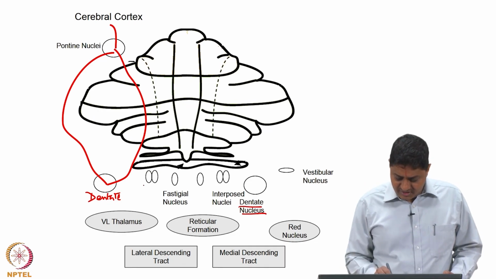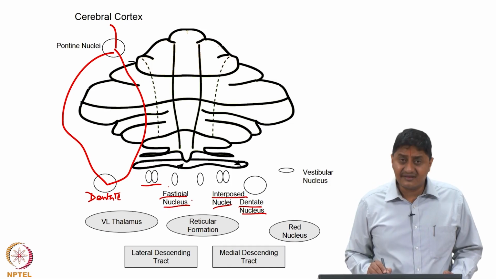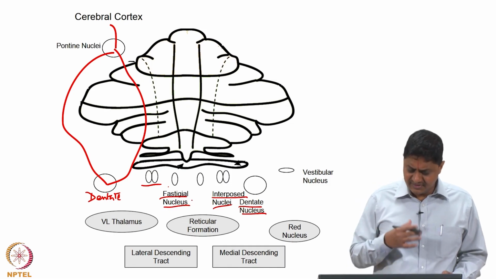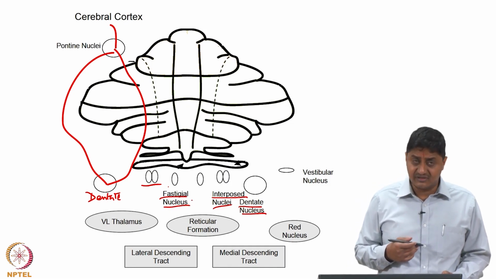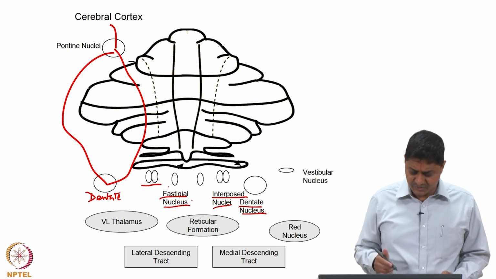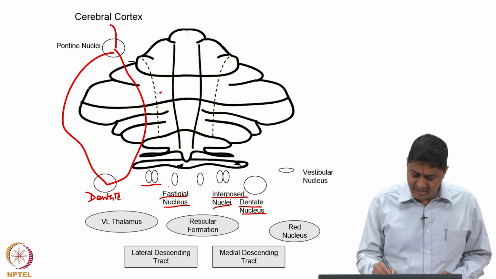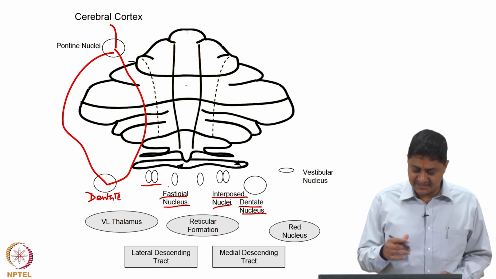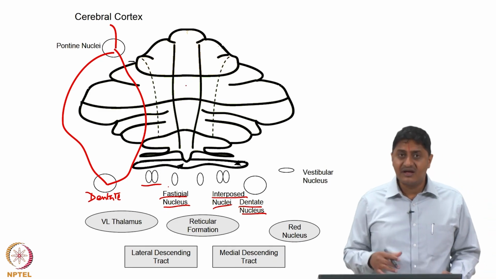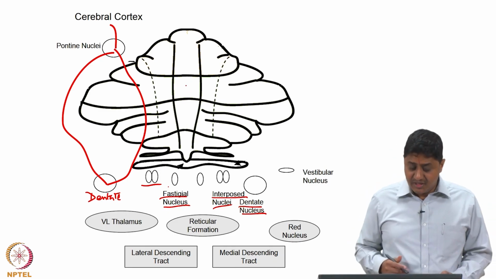Of course, these are the interposed nuclei and that is the fastigial nucleus. These are the output nuclei of the cerebellum, or the deep cerebellar nuclei. They are shown outside the cerebellum for illustration purposes, but they are actually embedded within the cerebellum.